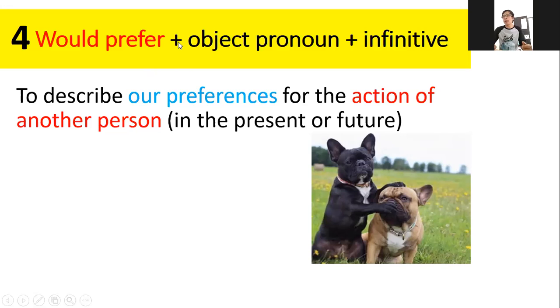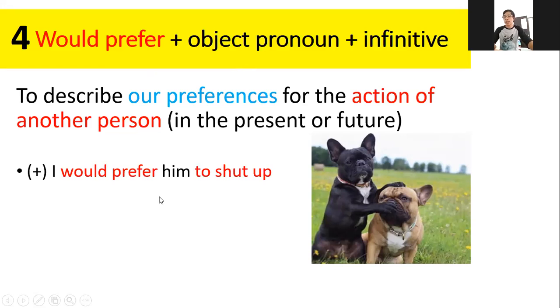In this kind, you don't add a verb or infinitive directly, but you add an object pronoun, the indicator of a pronoun for someone or something. And please remember that it is our preference for the actions of another person.